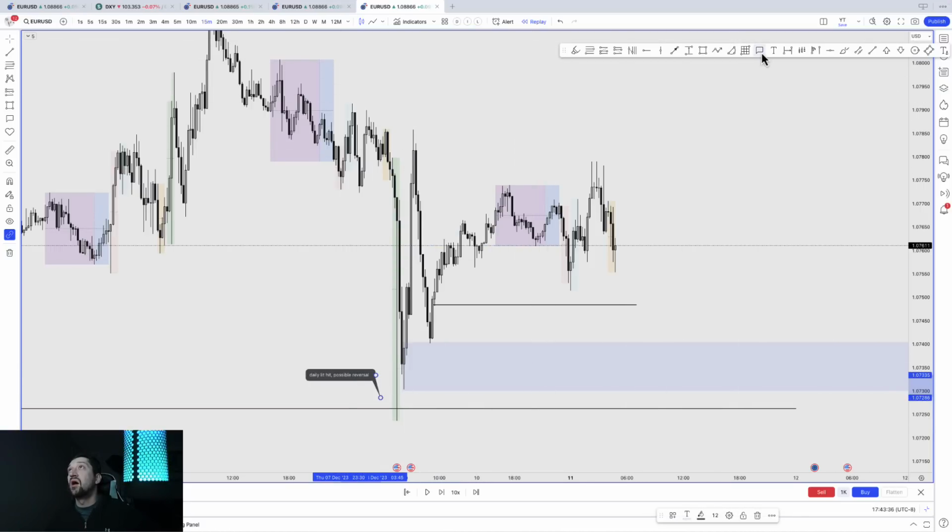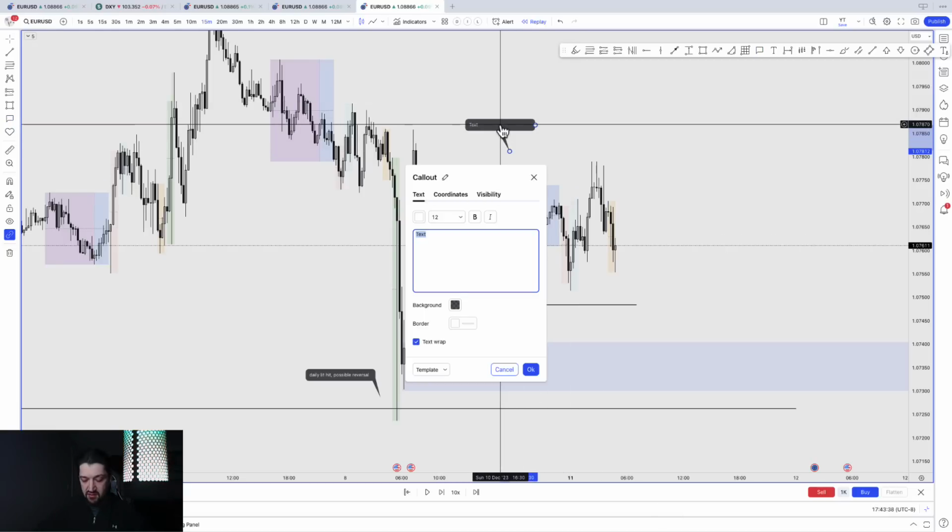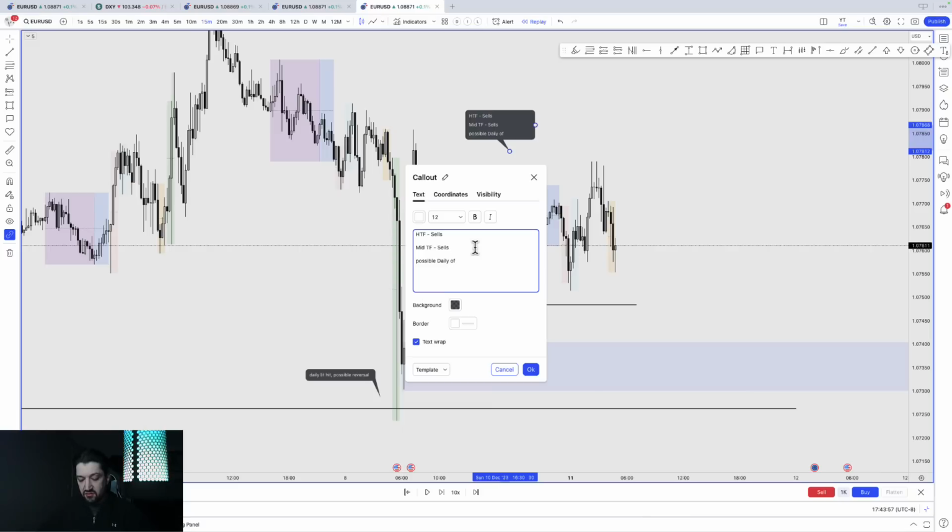Now, bias is: higher time frame bias is sells, mid time frame is sells, and possible daily ortho realignment zone.